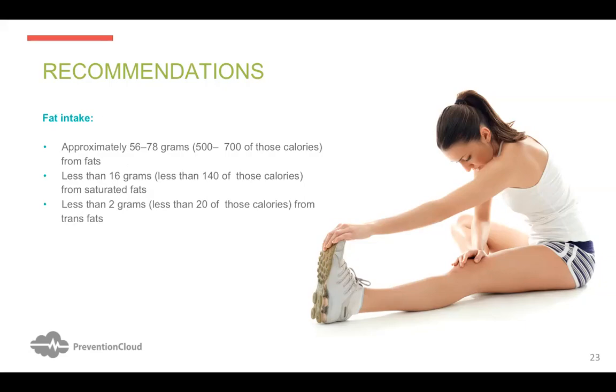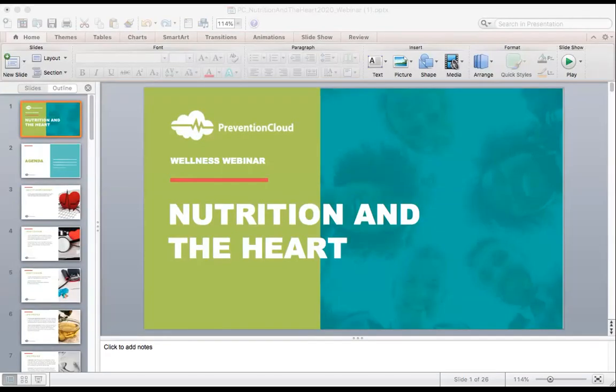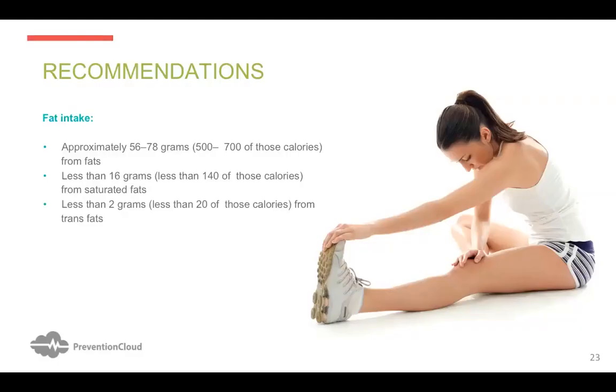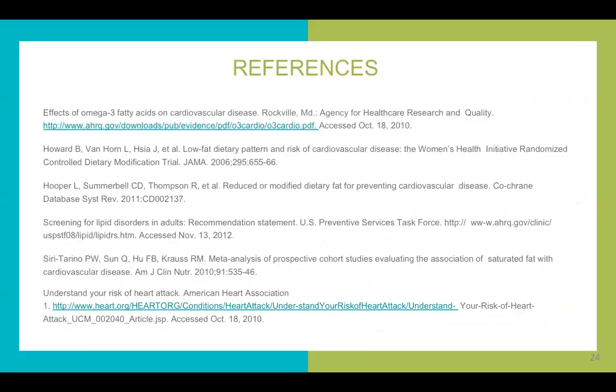And as you can see, only 2 grams of fat is needed for trans fat. So knowing that is usually the bad fat, the culprit, trying not to have as much trans fat is very important. So these are just some references if you'd like to go to any of these in your free time for more research.